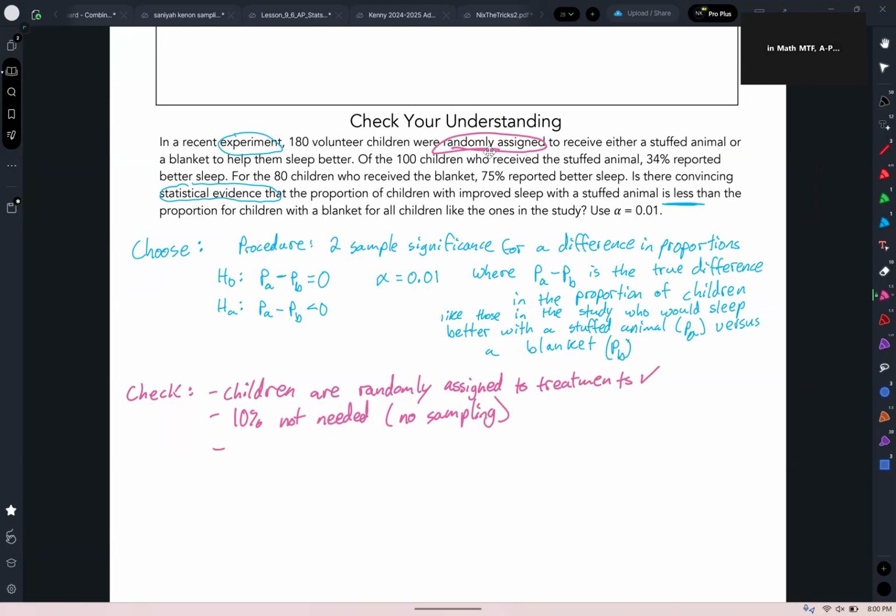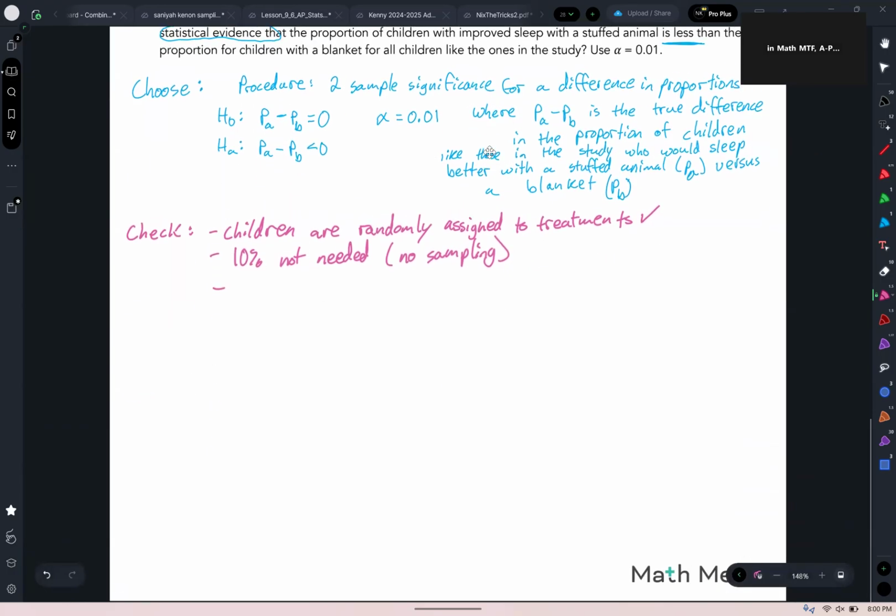And then I do still need to satisfy the large counts so that my sampling distribution is approximately normal. Now, this is where it's going to get interesting. So remember, for my stuffed animal, nA times pA needs to be greater than or equal to 10.